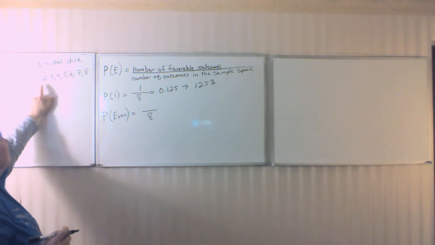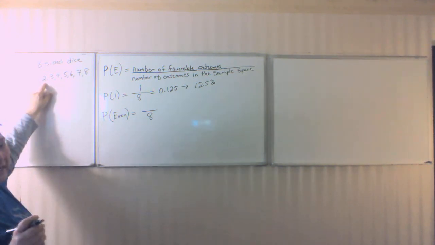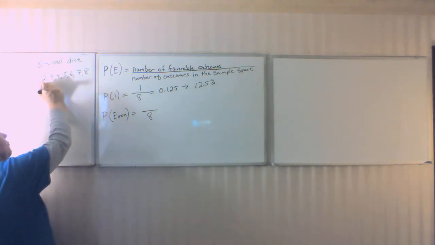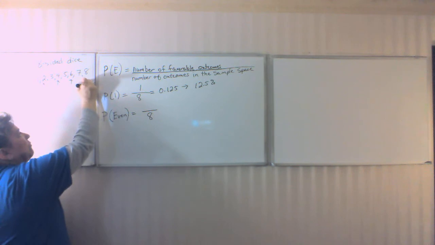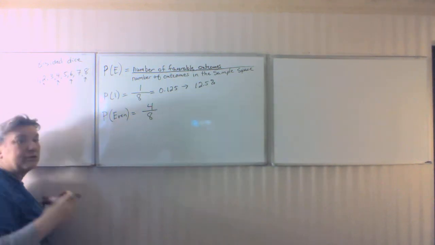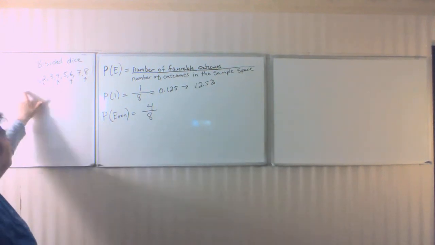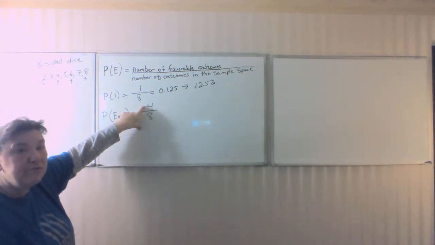How many of those are even? Well, remember, even numbers are 2, 4, 6, 8, and 0. So I have 1, 2, 3, 4 of them. So I have 4 out of 8 because there's 4 even numbers that can be rolled. So my favorable outcomes are 4.